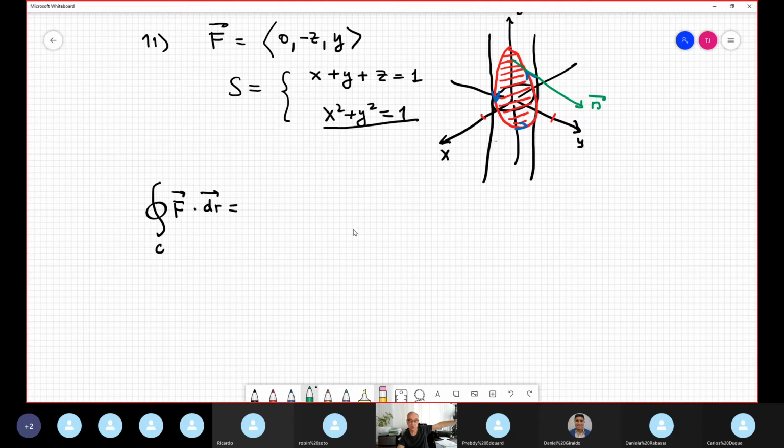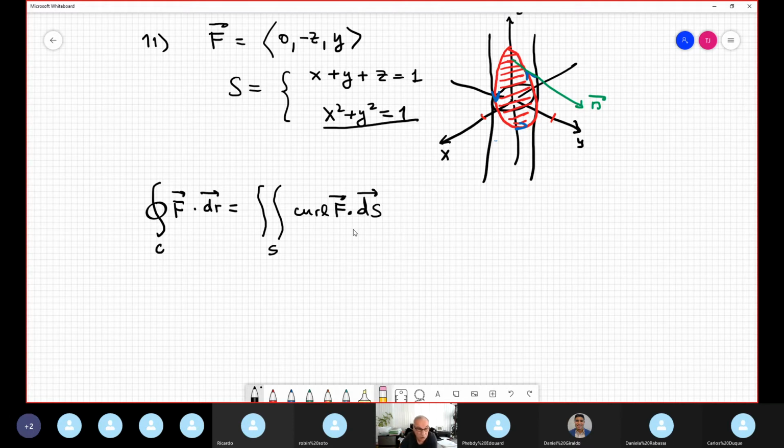Entonces, under this consideration, the line integral is equal to the surface integral of the curl of F, similar to Green, but in this case a surface double integral. Entonces we have dS, no? Dot product, and dS is a vector. Okay, this is the idea.